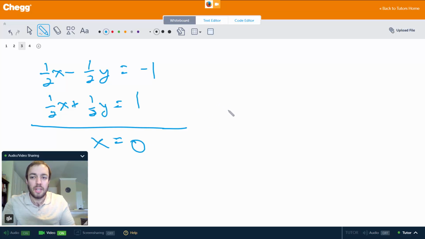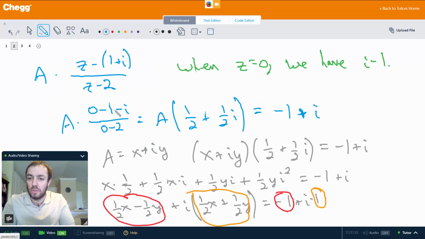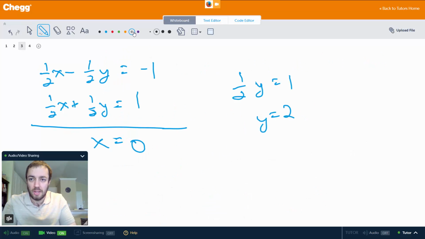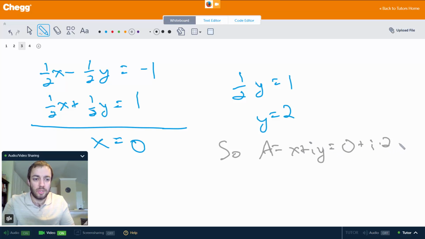Okay, that's great. Now, if x is 0, then we could use either of these equations. Let's use the second one. And we get 1/2 y equals 1, which means y equals 2. Okay? So if y is 2, remember a is x plus iy. So that means a equals x plus iy equals 0 plus i times 2, which is more standardly written as just 2i.